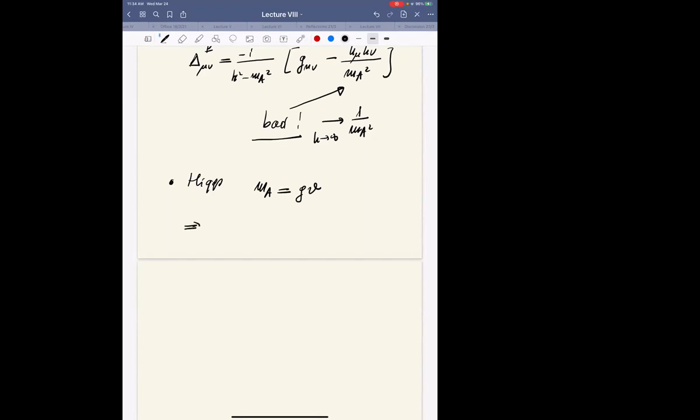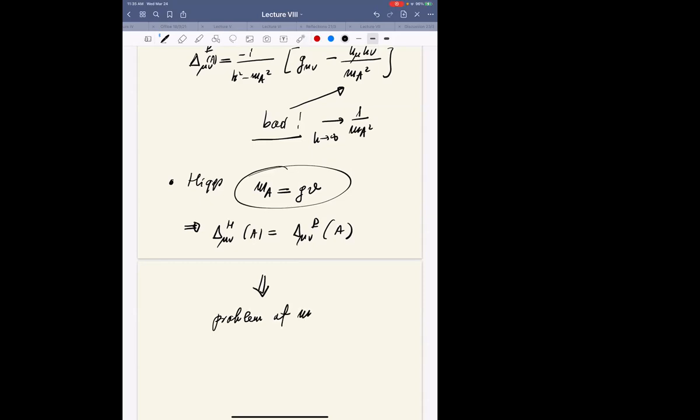So you will say, look, the propagator in the Higgs theory of A, we could have said here, of A, again, will be the propagator of Proca, because I will compute it the same way. The guy is massive. So it seems that the problem of m_A persists, the Proca problem.